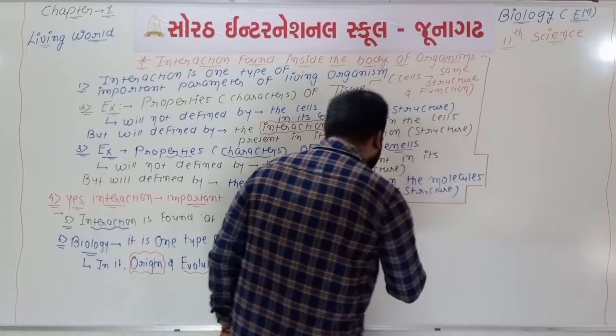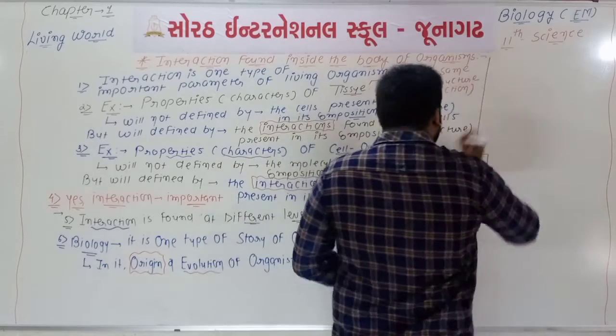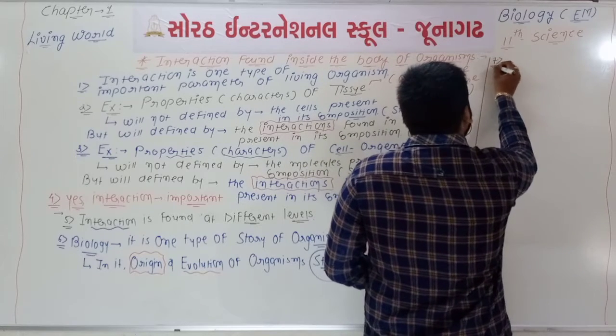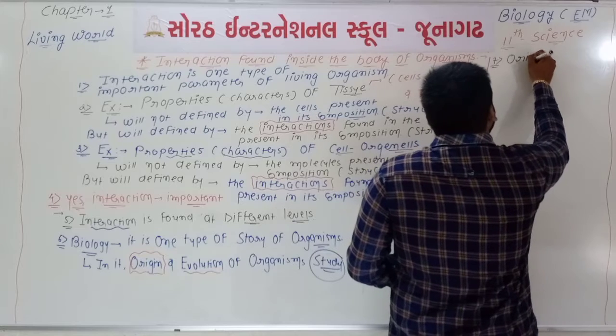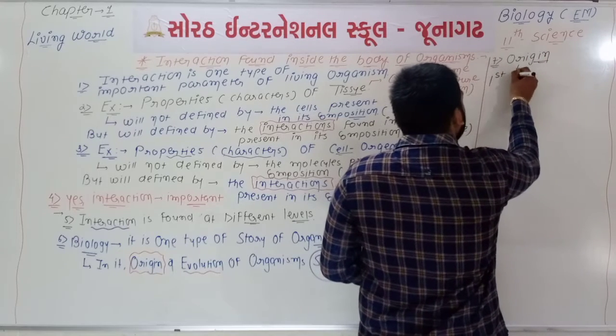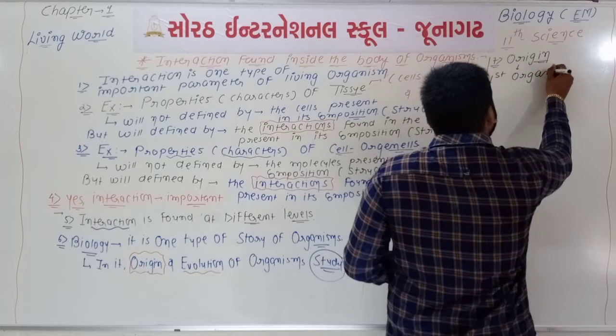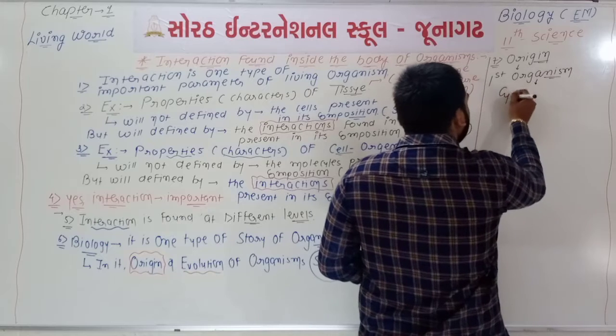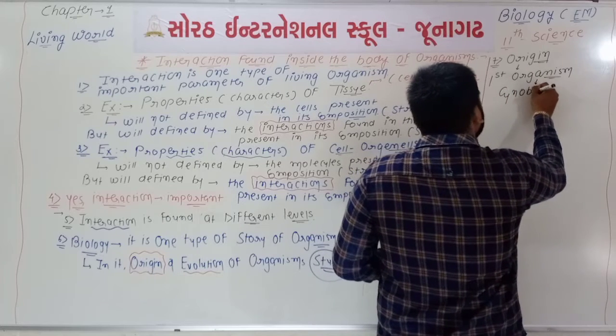Now if we talk about point number 7, we will give some extra information. If we talk about the origin of organisms, then you will remember that the first organisms found on this earth were the cyanobacteria.